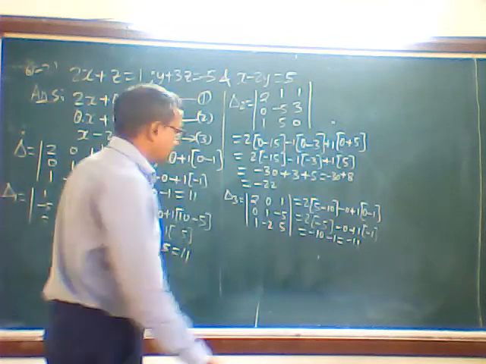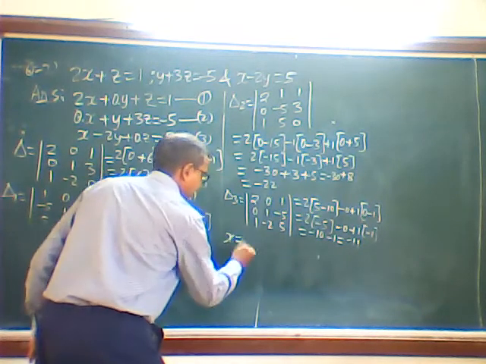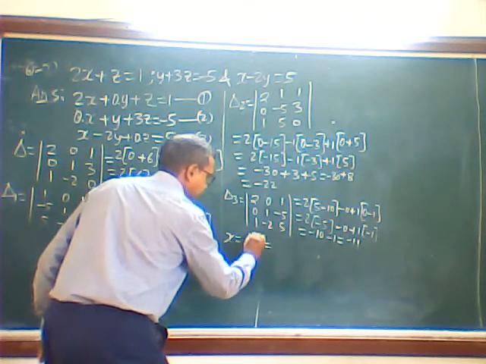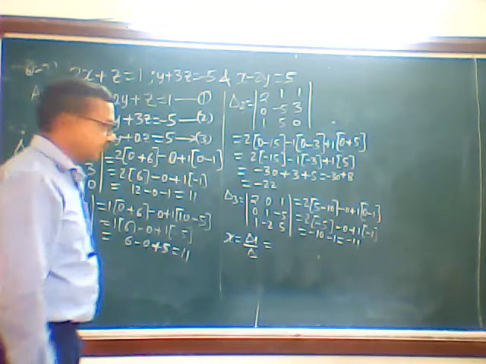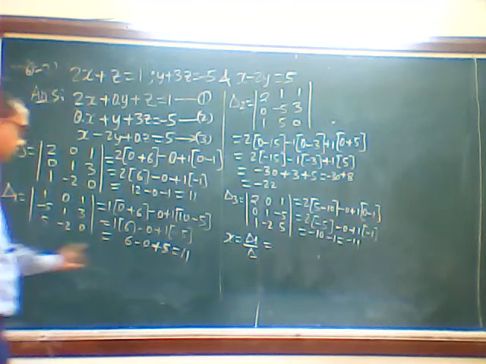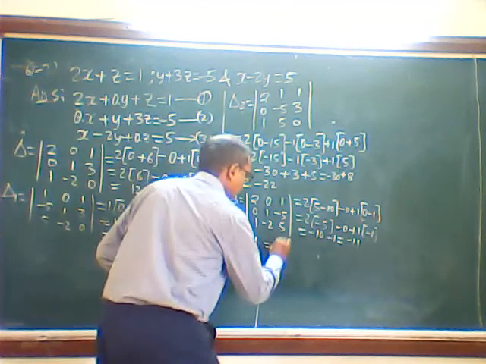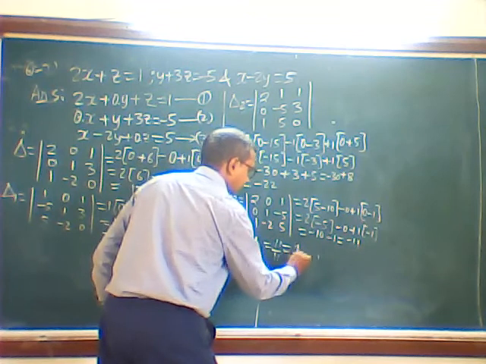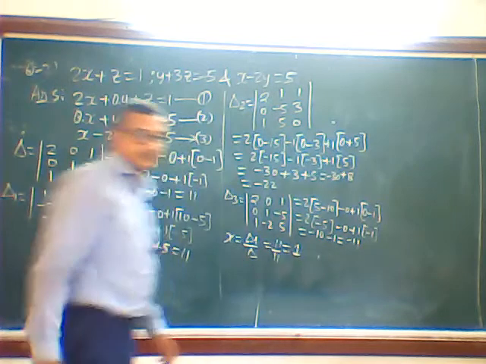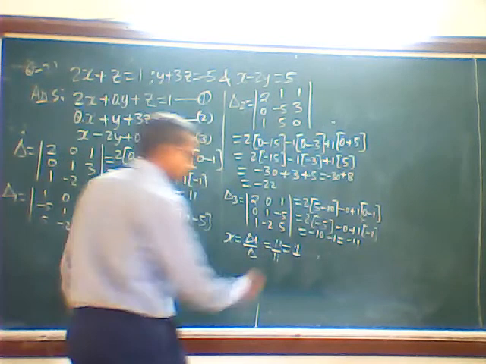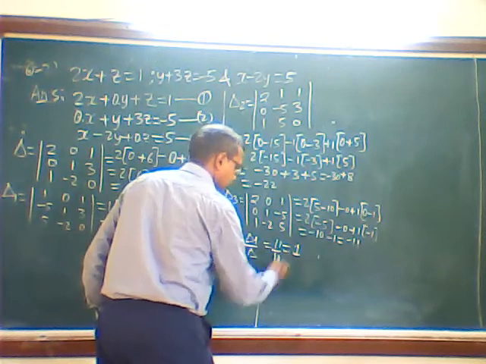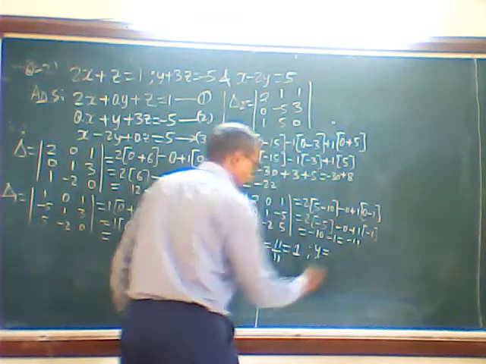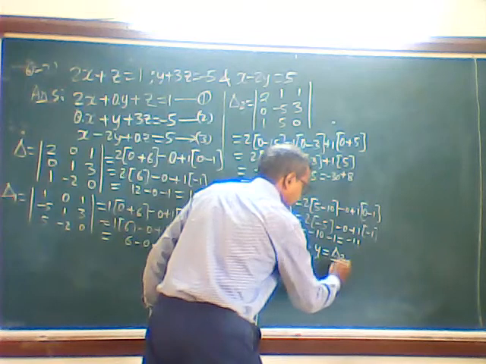Now I will find out x. What is x? Delta 1 divided by delta. What is delta 1? 11. Divided by delta, which is also 11. It cancels. Answer is 1. 11 upon 11 is 1. Next, y is equal to delta 2 by delta.